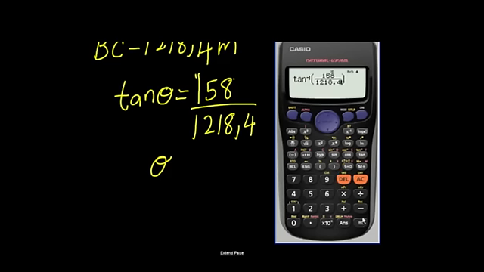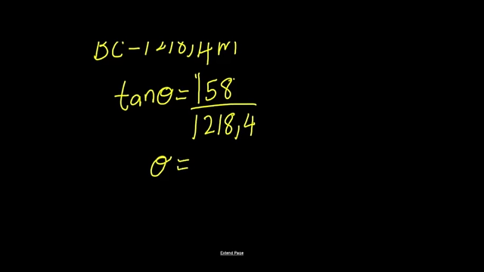Right, that should give us an answer. 7.38, so that is the size of angle theta. So it is 7.38 degrees. So that is how big that other angle of elevation is.